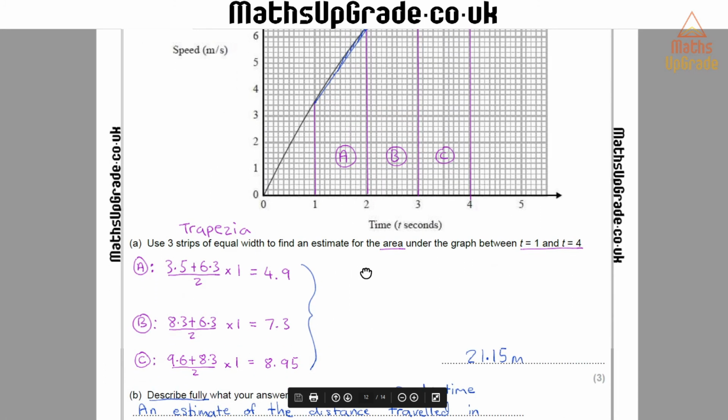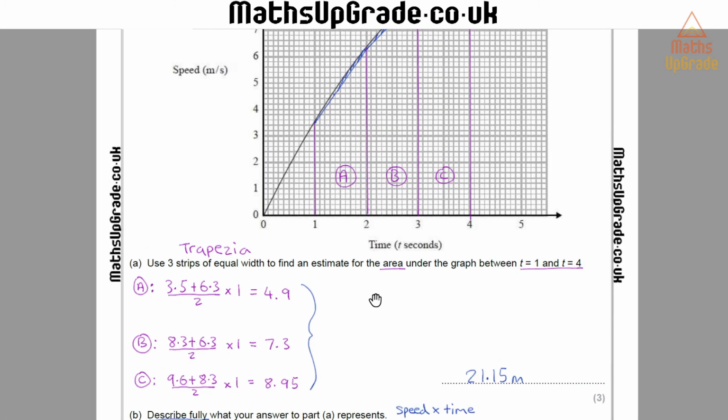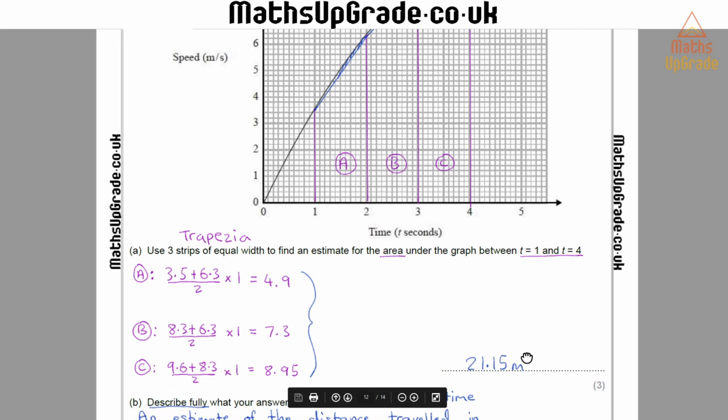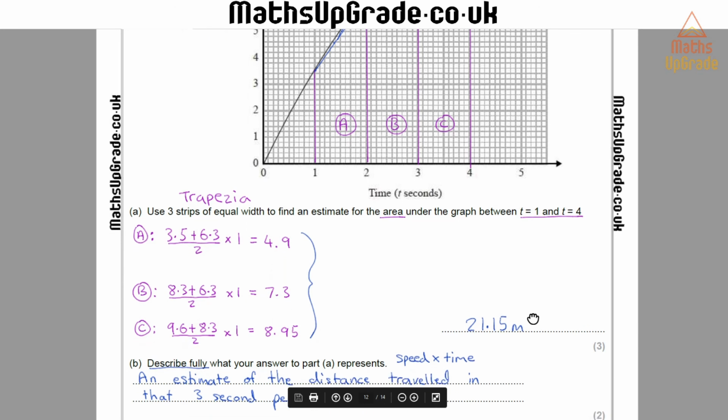I'll repeat that process for sections B and C, and the total area underneath that graph between time 1 and 4 is therefore the sum of these 3 numbers, which in this case is 21.15. You don't actually need units here. I've included the units because this sort of gives us a clue for the next part of the question.